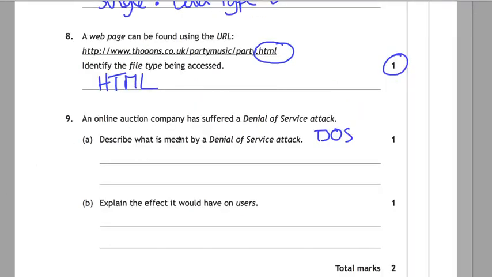So describe what is meant by a denial of service attack. That really is flooding the server with a large amount of requests.